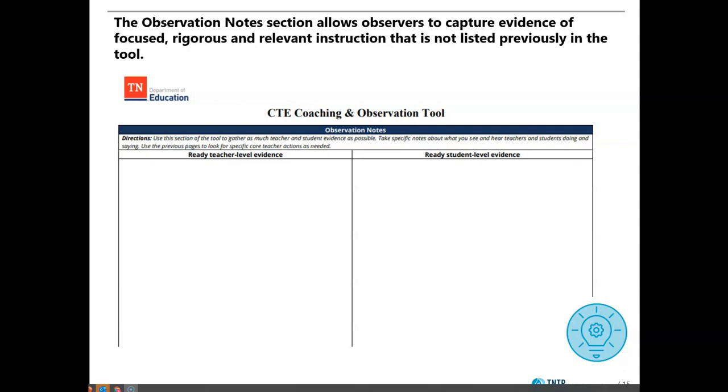So we're offering this space as a note-taking, evidence collecting guide. On the left-hand side, you will take note of any teacher level evidence that you see of focused, rigorous, and relevant instruction. And the right-hand side is for the evidence that you see from students.